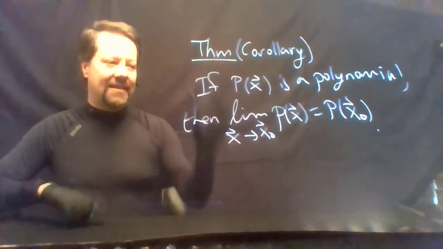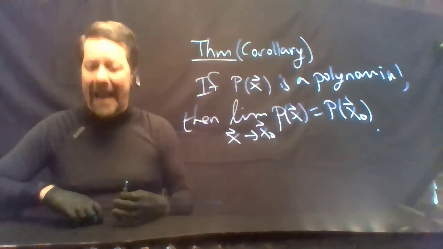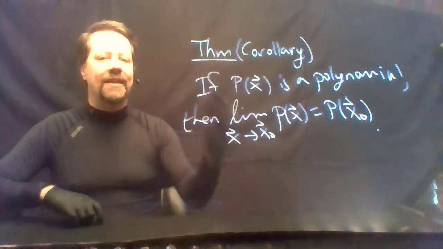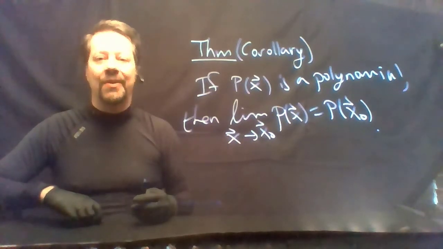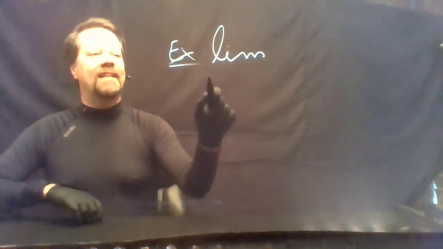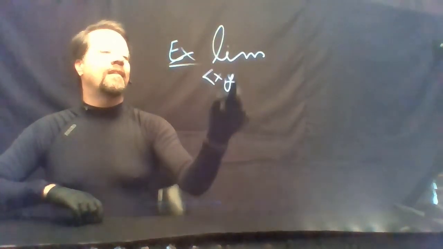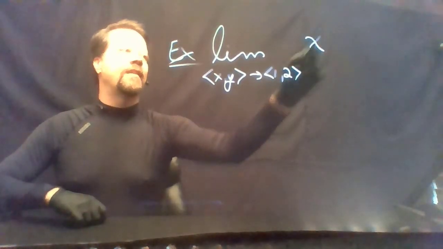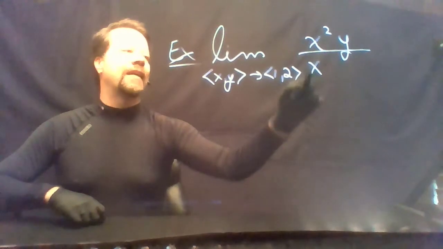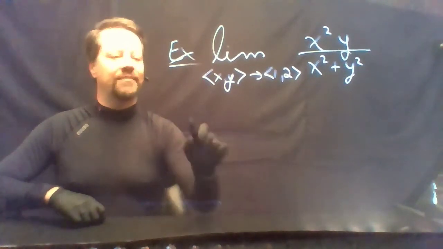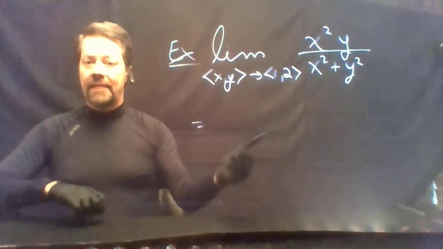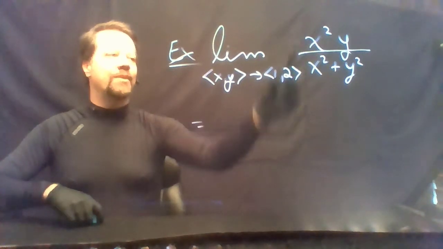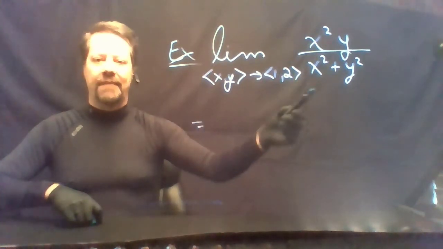Similarly, if you're dealing with a rational function, you can substitute as long as you don't get 0 in the denominator. So for example, if we're taking the limit as (x, y) tends to (1, 2) of x squared y over x squared plus y squared, these limit laws allow us to break quotients into the limit of the top over the limit of the bottom.